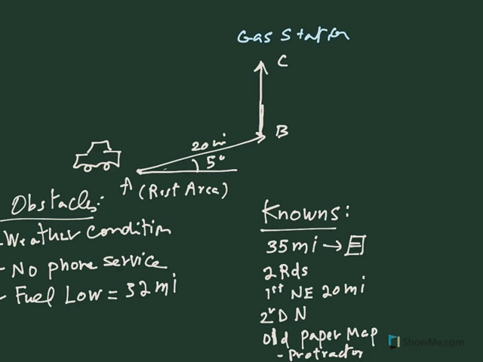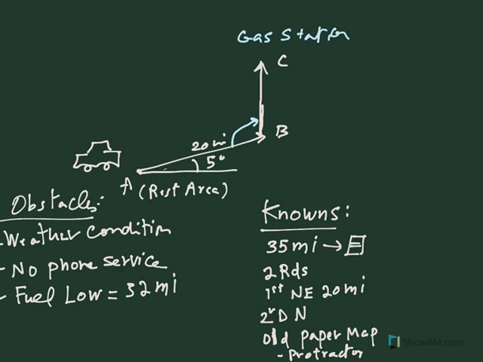Again, because the second road is not shown on the old paper map, he is not able to determine the angle between the two roads, which is this one.